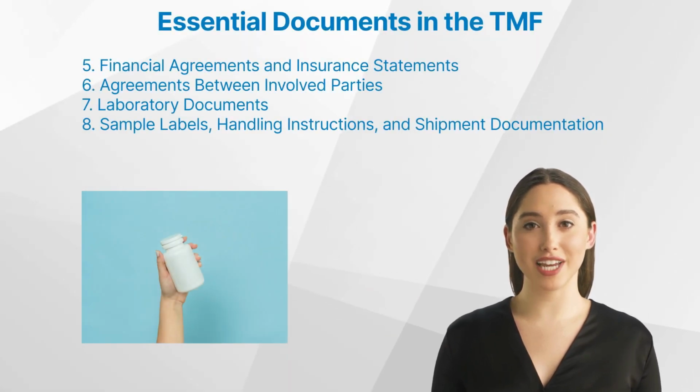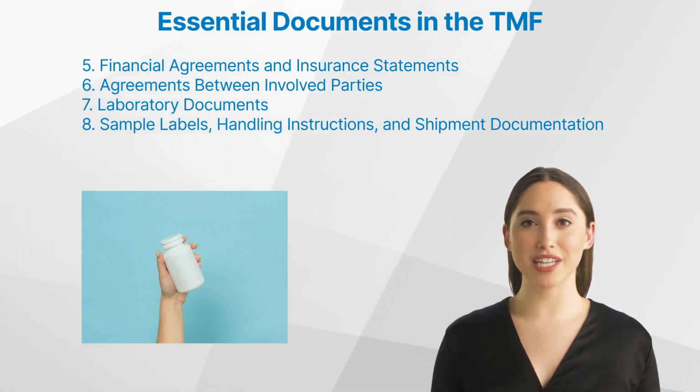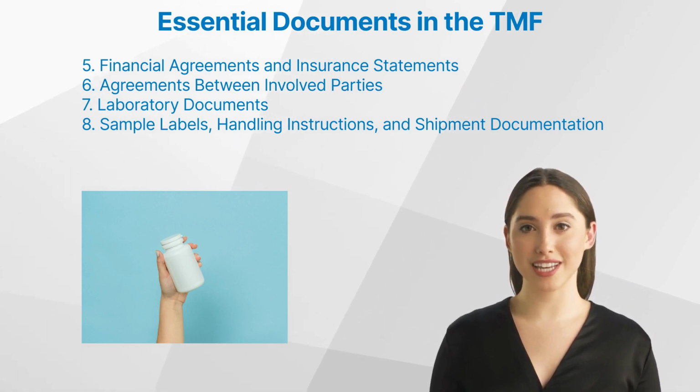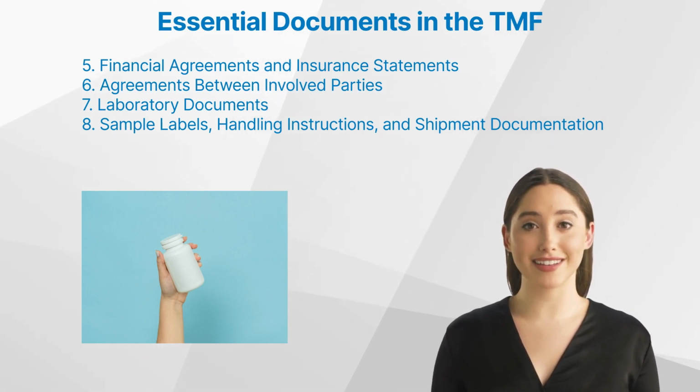5. Financial agreements and insurance statements. Financial agreements and insurance statements outline the financial aspects of the trial, including compensation for participants, insurance coverage, and indemnification. These documents ensure transparency and accountability in managing financial matters related to the trial. 6.